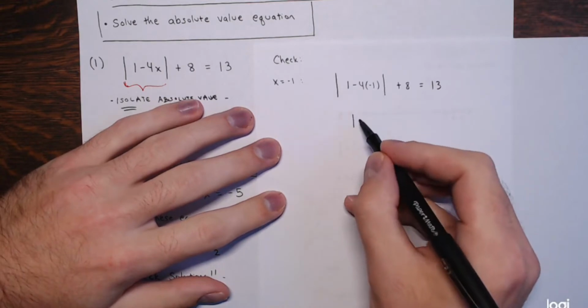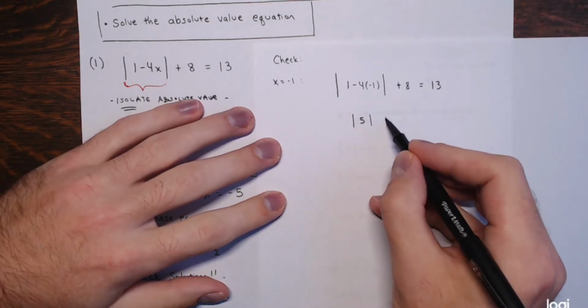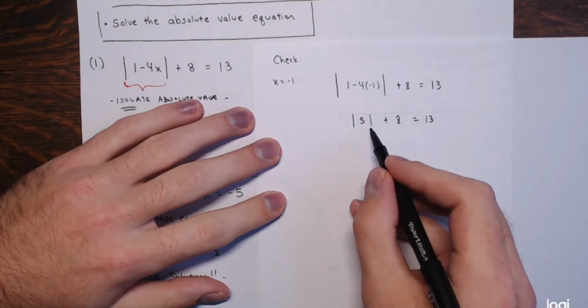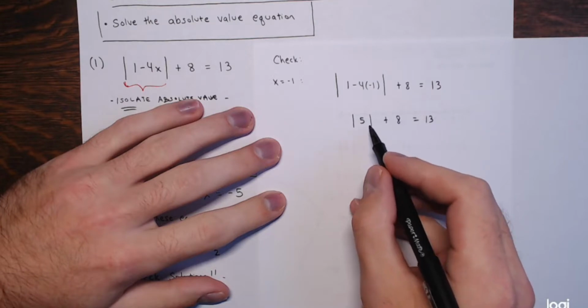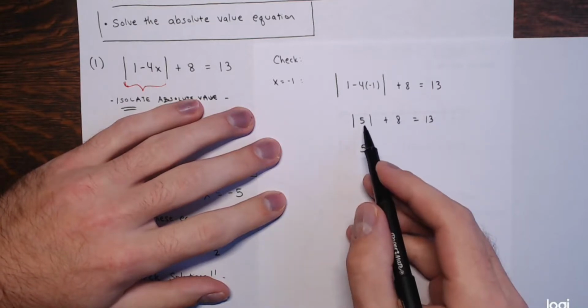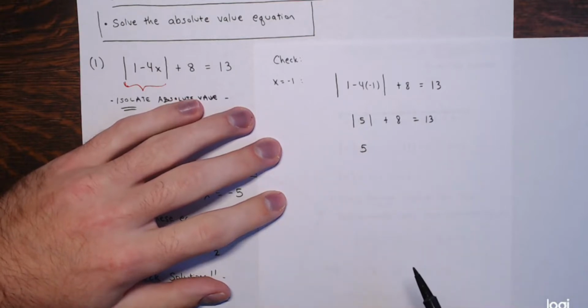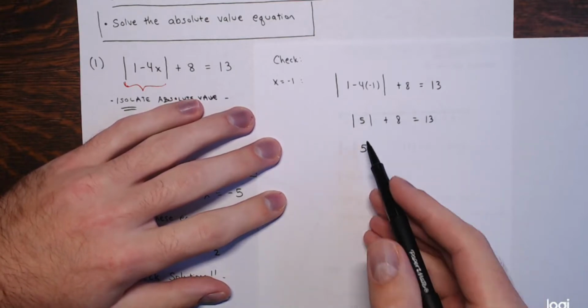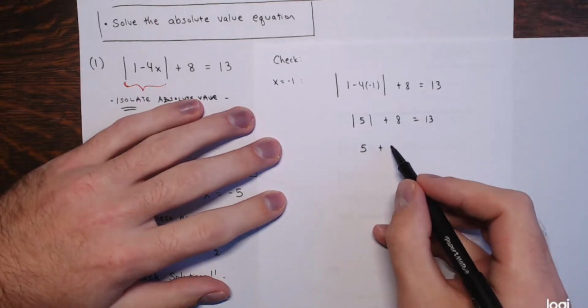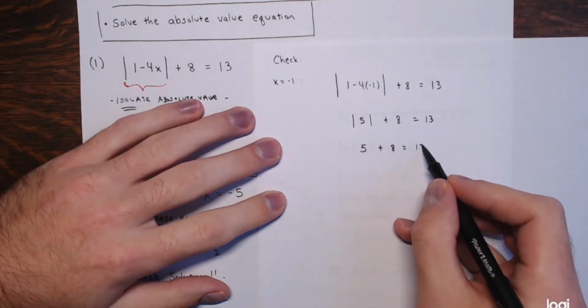So this is the absolute value of 5, plus 8 equals 13. Remember the absolute value is just the distance from 0. Absolute value of 5 is just 5. The absolute value of a positive number is itself. The absolute value of a negative number, just make it positive, it's the opposite. And then we have 5 plus 8 equals 13.